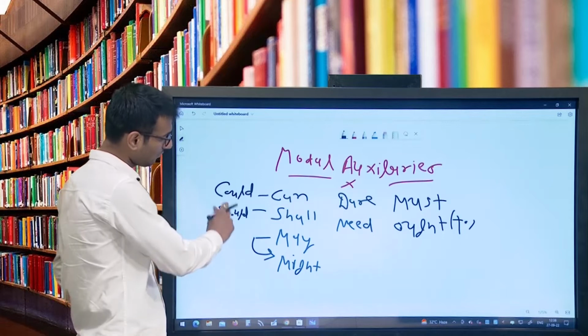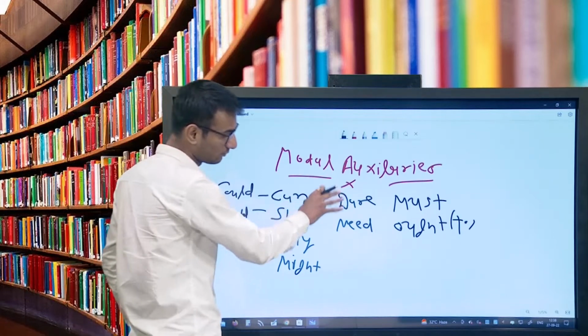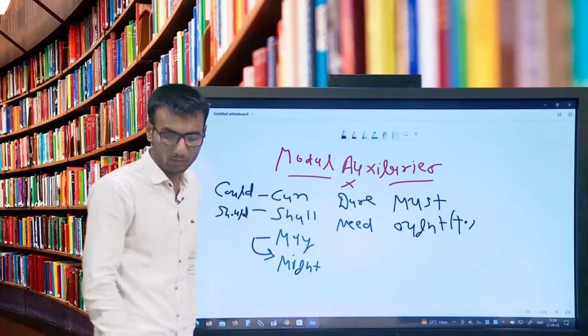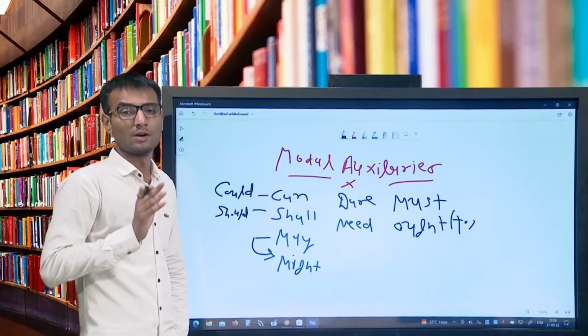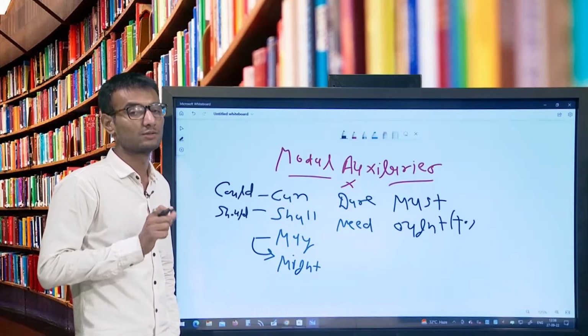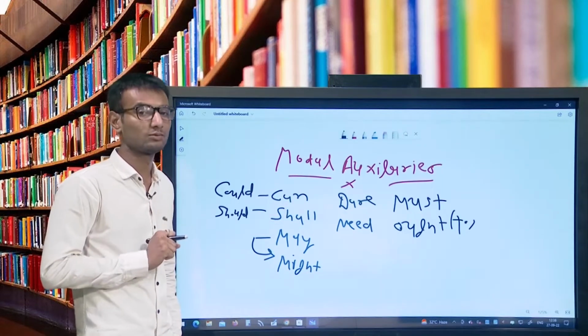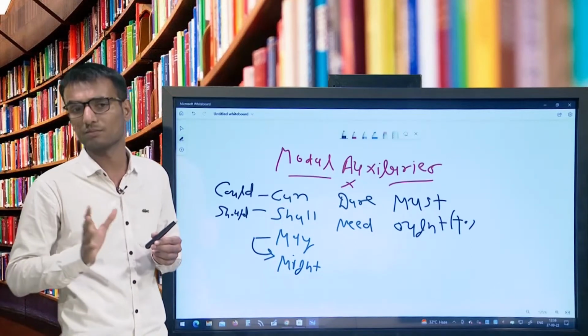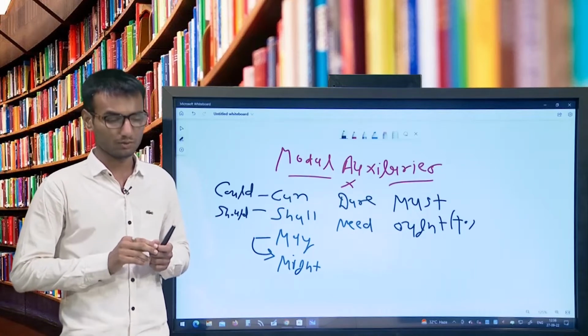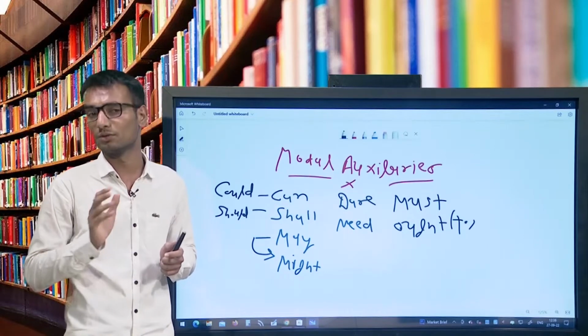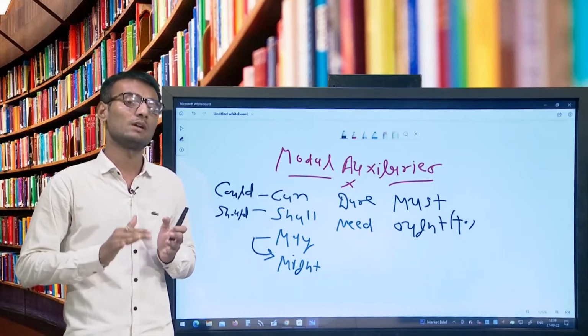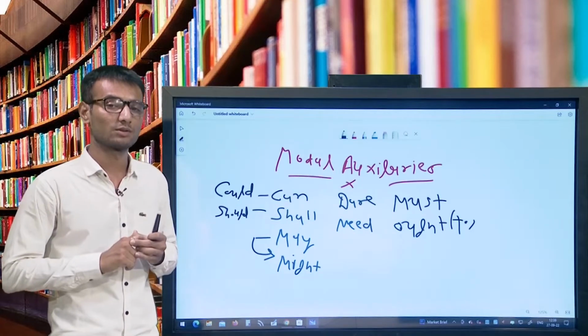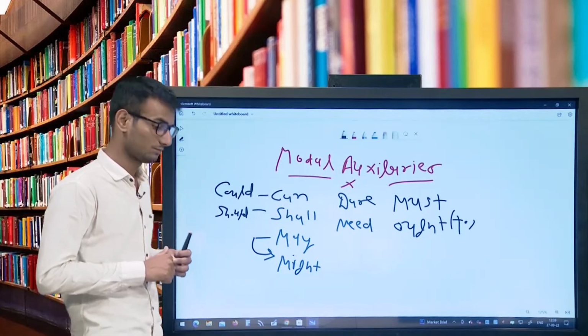So these are some modal auxiliaries that we use in our day-to-day lives, but sometimes we face a problem in how to use them. So in today's session, we're going to discuss one after another. We'll discuss all these modal auxiliaries in detail.